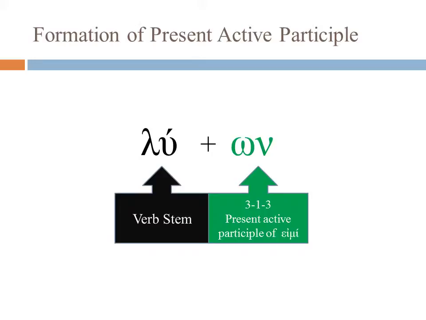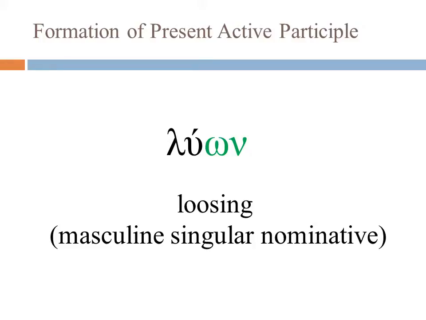We'll look at these later. I'm going to give you the chart for what the present active participle of εἰμί is. So we end up with λύων, loosing, and we know from the ending, this ων ending, that it is present singular nominative masculine.